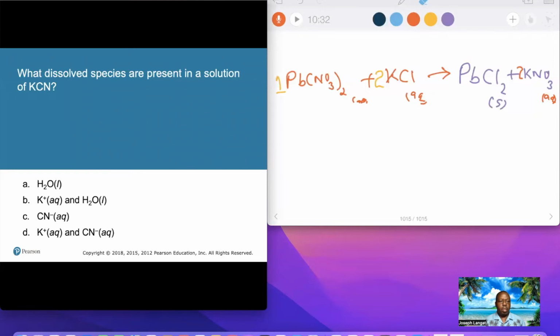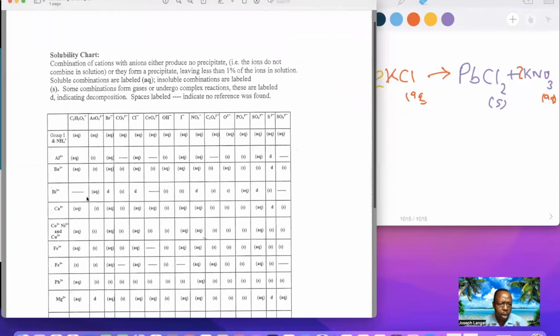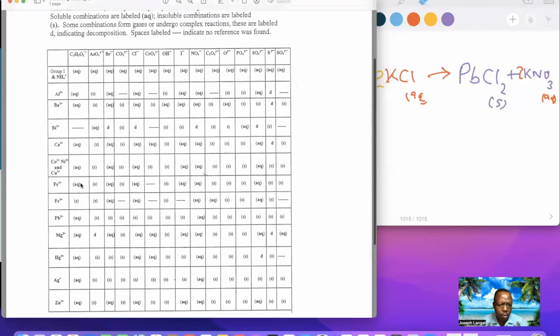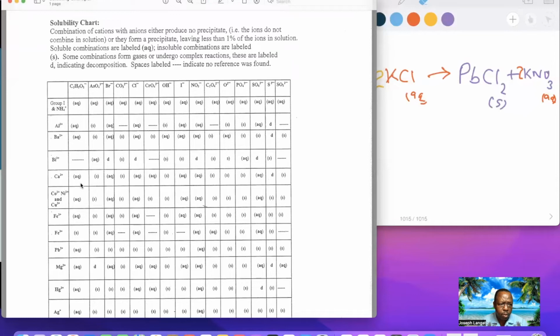So here is a question on solubility. What species are present in solution of, that means when it dissolves, this cation and anion? I don't know if we have potassium. If we don't have potassium, we can use anything in group 1, because they belong to the same family.